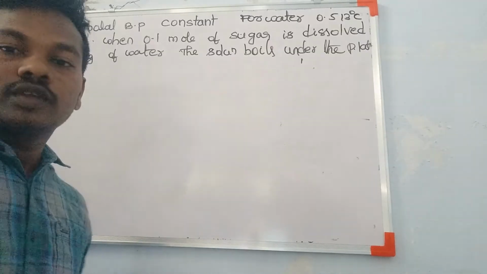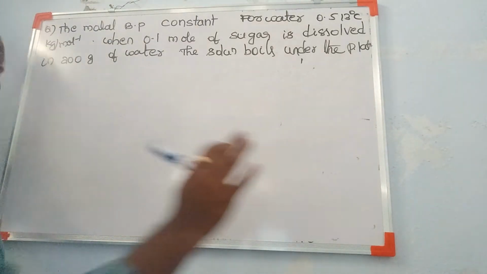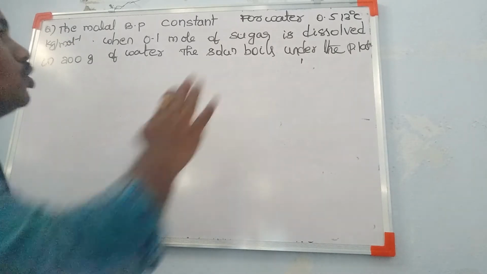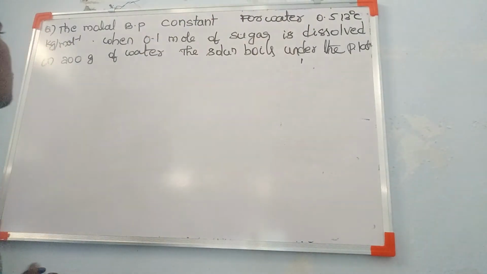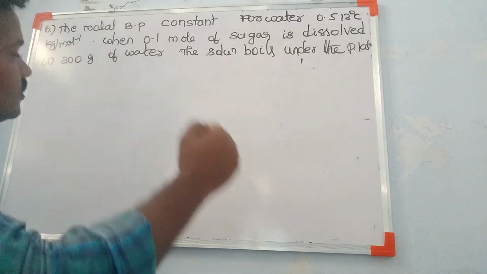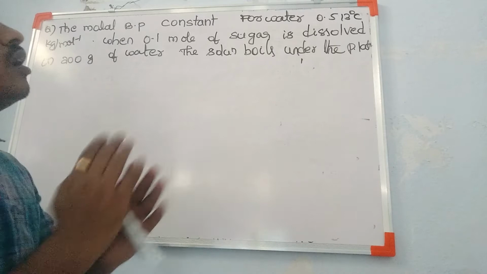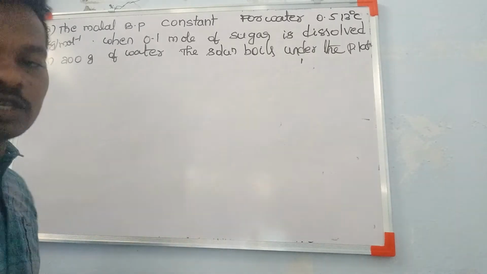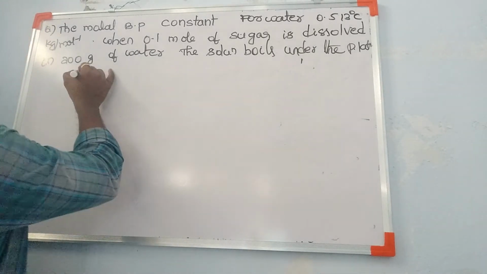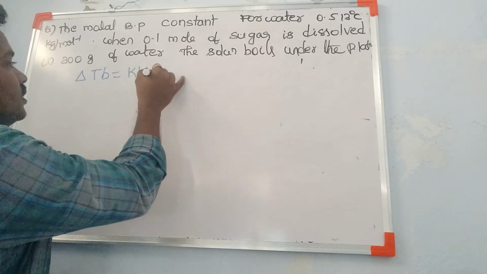Next question. The molal boiling point elevation constant for water is 0.513 degree Celsius kg per mole. When 0.1 mole of sugar is dissolved in 200 grams of water, the solution boils under a pressure of 1 atmosphere. Generally our formula is delta Tb equals Kb into m.